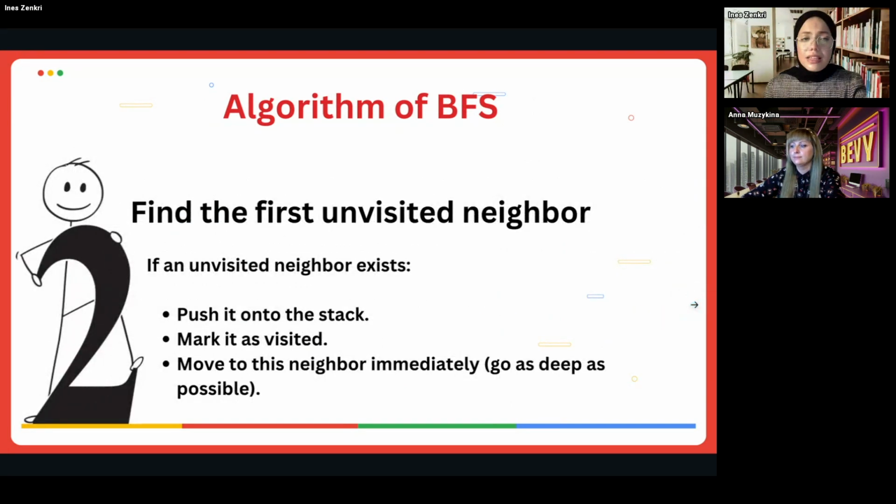Second, you start finding unvisited neighbors, but instead of seeing them level by level, we just go as deep as possible. That's the logic behind it. So we push the neighbor onto the stack, mark it as visited, and move immediately to the next neighbor. We don't move by levels, we move by depth.